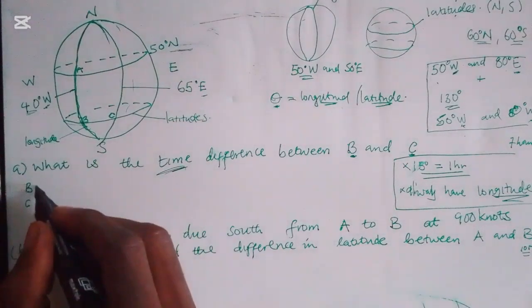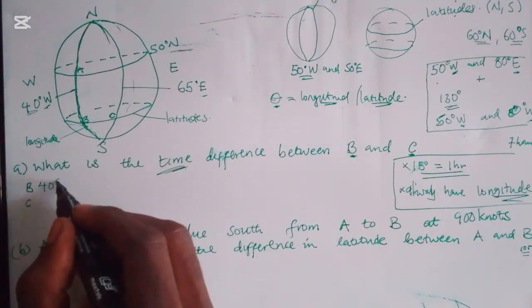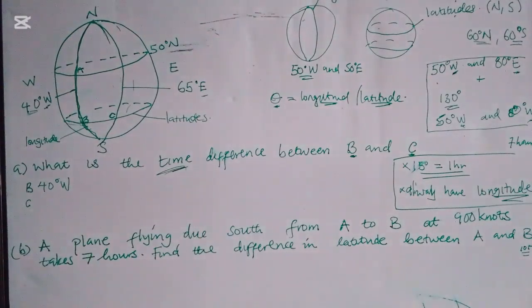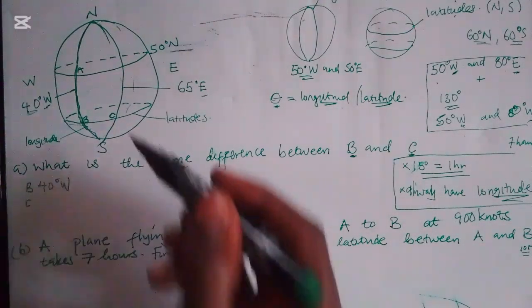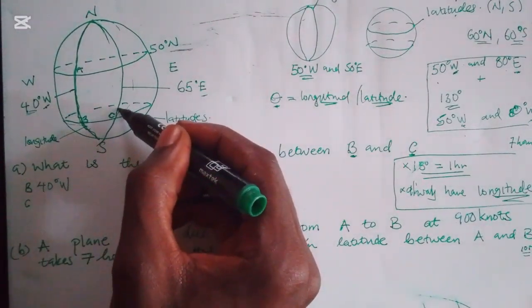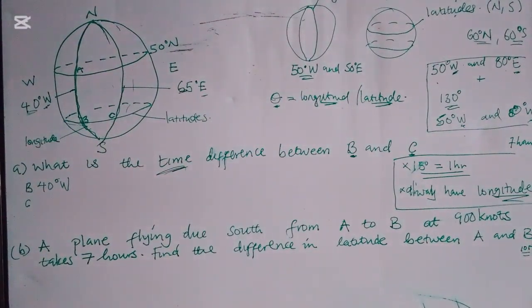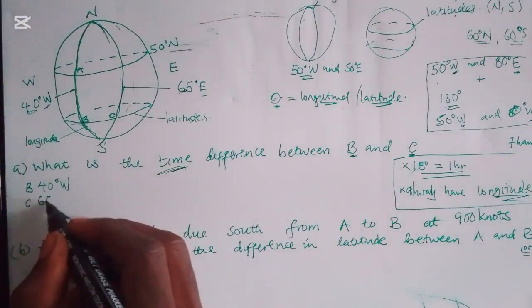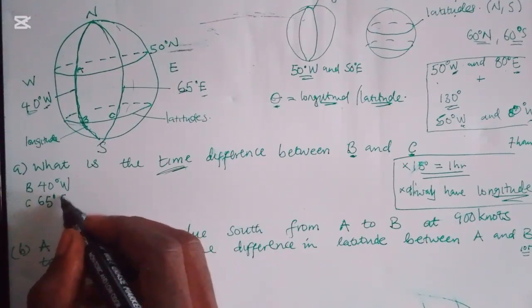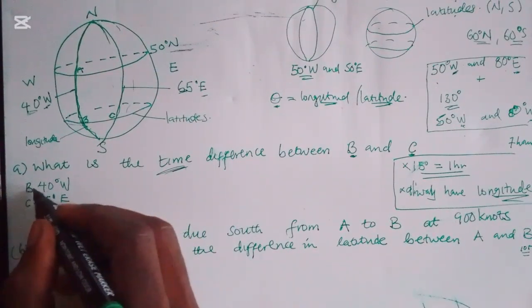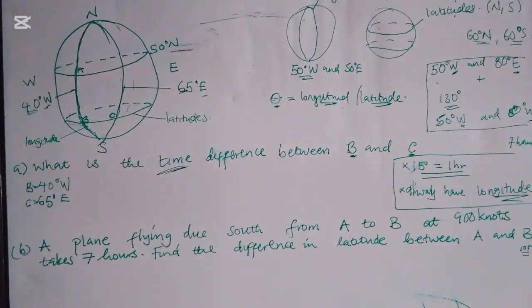So B is 40 degrees west. For C, we go to where C is, move up, and we find that C is 65 degrees east. So these are our coordinates which we are going to use to calculate the difference in longitude.